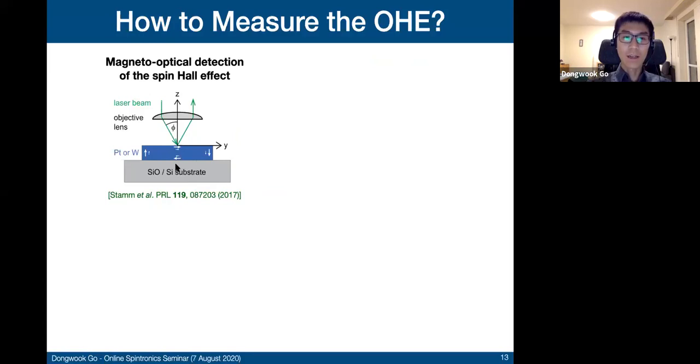But for the case of MOKE, we have a reflection, and most of the interaction occurs at the top surface. Therefore, with MOKE, they could measure. But for XMCD, it's a little bit tricky because it's very high energy and it penetrates through the sample.